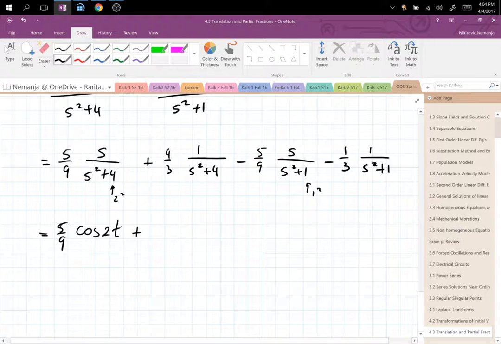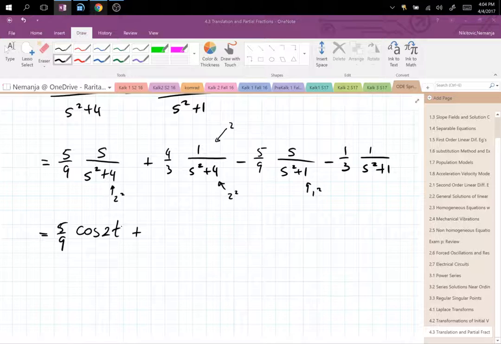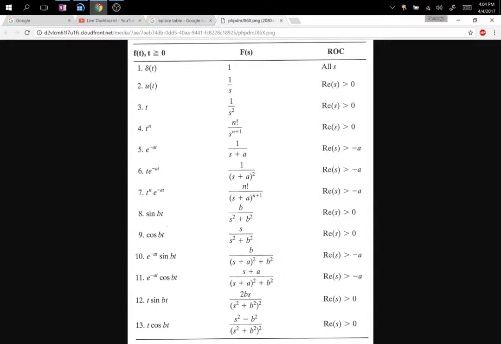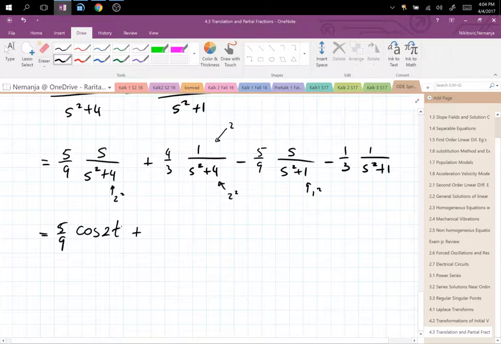Plus, now there's a little issue. This is 2 squared, and you are required to have a 2 on top then. Because if you carefully look at your transform tables, the same b appears on top and bottom. So if this is 4, this better be 2 on top, right? So I have to steal 2 from the fraction in order for me to have this.